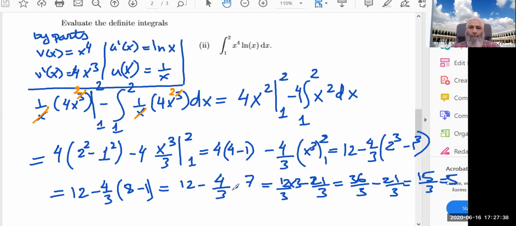Yes. Can we check? Or there's no need to check it? You want to check it? Yes. Can we check ourselves? X power 4, 4 x power 3, then ln x, 1 over x.